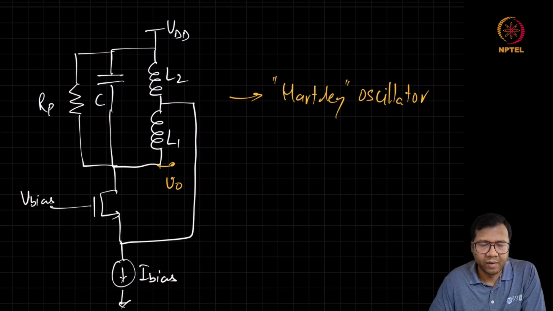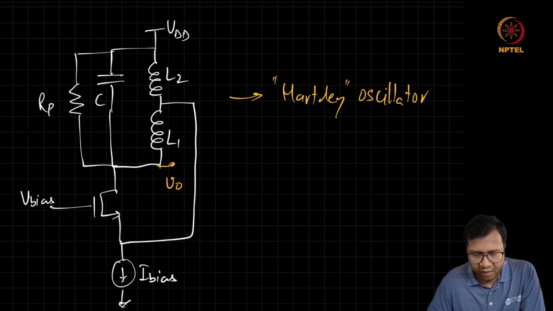So far we have discussed only the oscillators which are designed around the LC resonator. So the role of the active circuit is to compensate the loss in a LC resonator. We will see that there are also other topologies which doesn't require inductor. For example, there are ring oscillators where only inverters are connected in a loop.